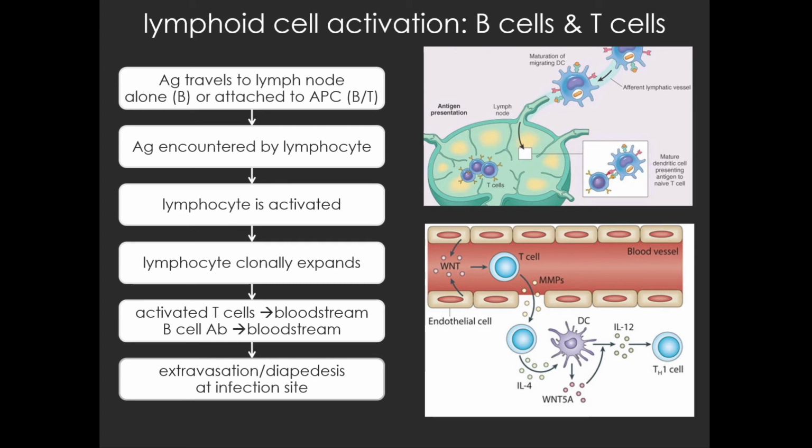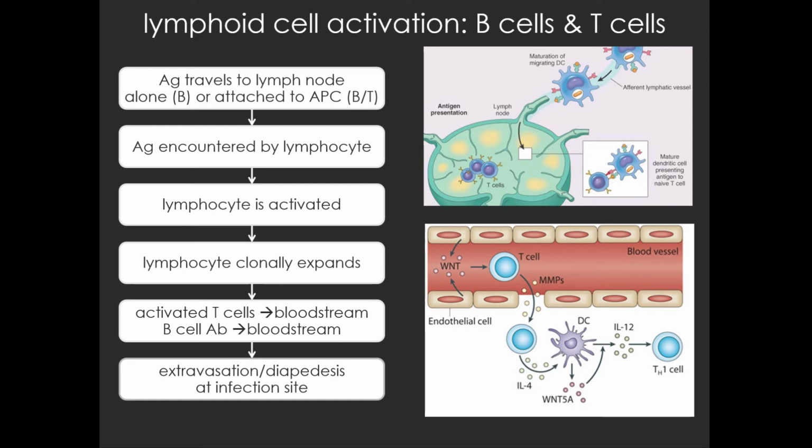A T cell, even if the T cell could recognize an antigen on the surface of that virus, would not recognize that virus unless that virus had first been phagocytized by an antigen-presenting cell in the tissue space and then brought to the naive T lymphocyte in the lymph node in order for it to be presented.